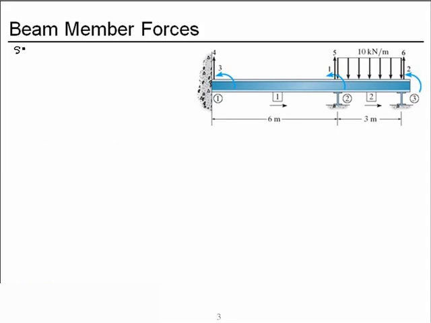So we begin with step 1. Let's approximate the answer. To do that, I'm going to assume that the distributed load all goes to the nearest vertical support.